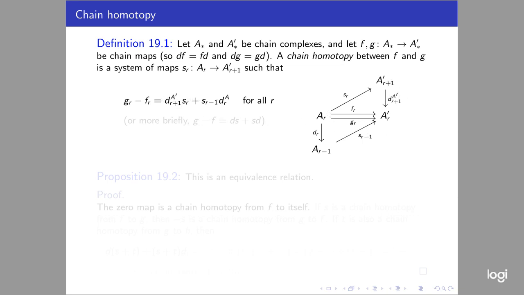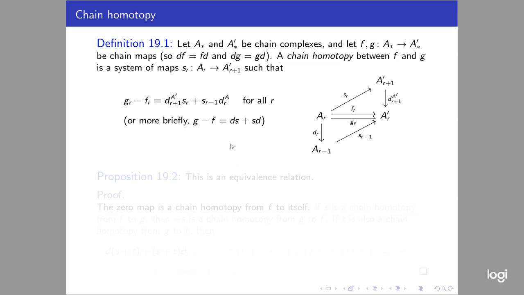And the second term, instead of doing the S and then the D, we do the d_r down to A_(r minus 1), and then we do the S_(r minus 1) going up here. So in other words, the difference between these two maps here in the middle should be the same as the sum of this map and this map. So we've written it here with all the indices and everything, but we could just say it more briefly as G minus F is DS plus SD.